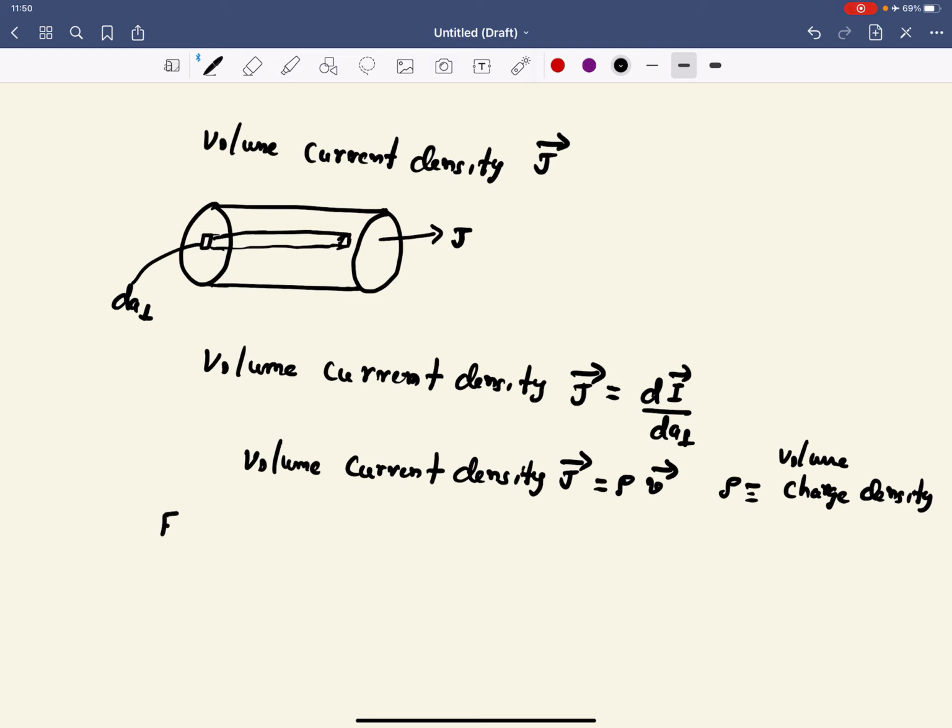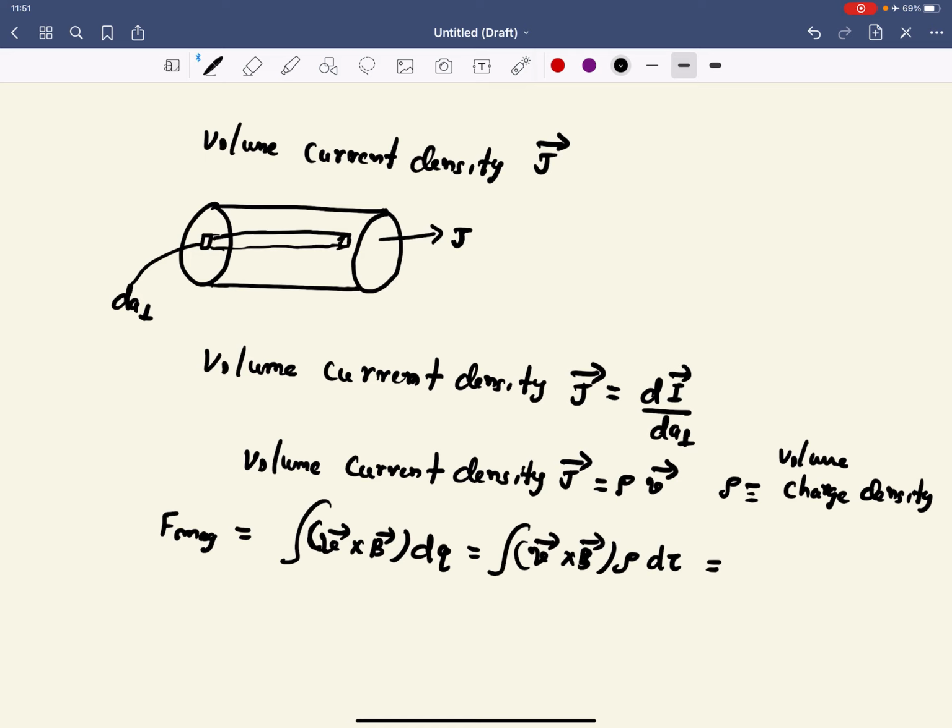Then we can express the magnetic force as the integral of V cross B into dq, and substitute for dq in terms of the volume charge density, which is rho into d tau. Here d tau is the volume element. We know that rho into V is J, the volume current density.